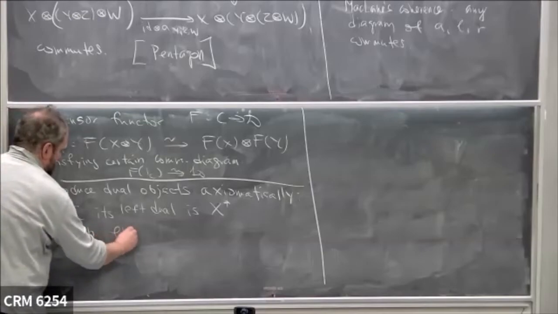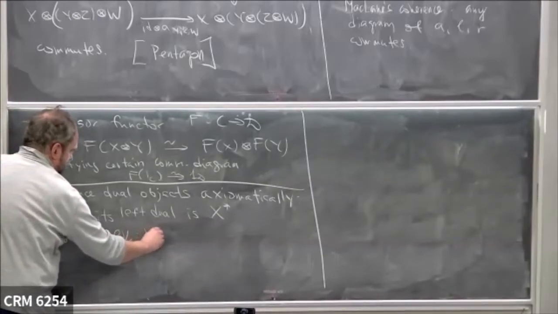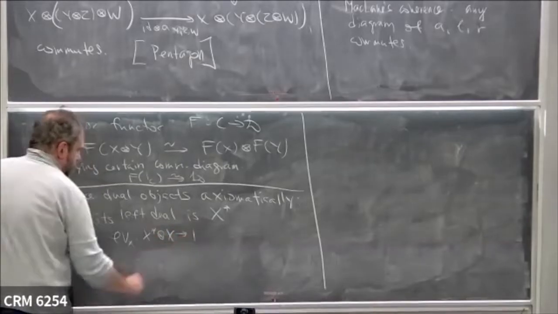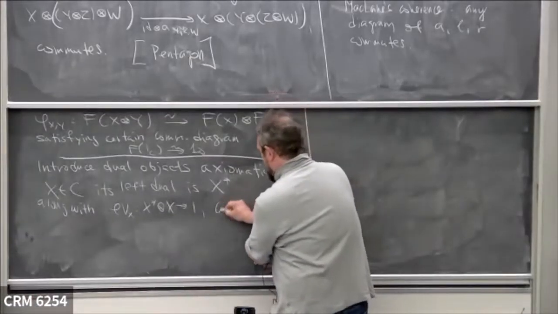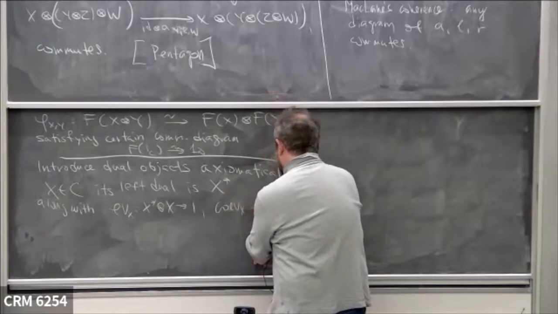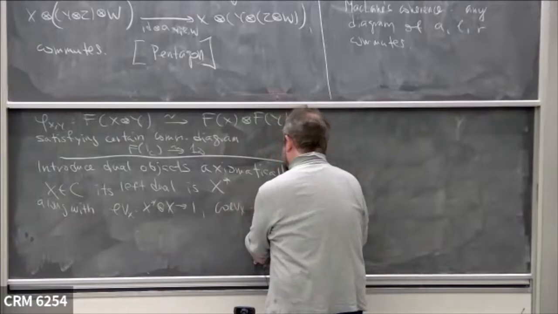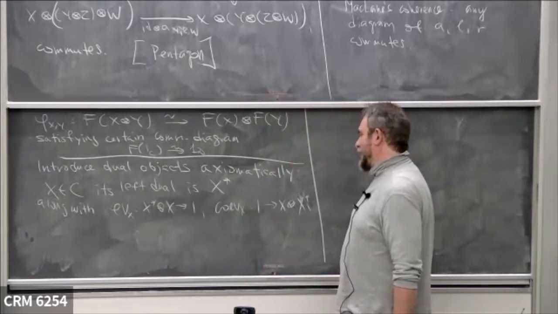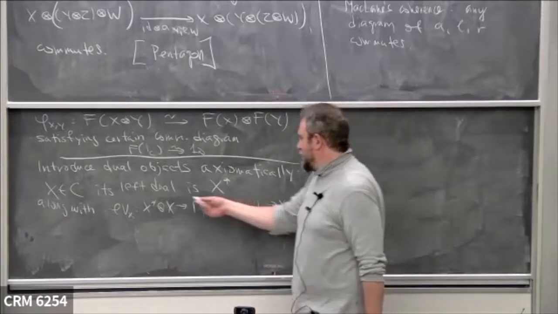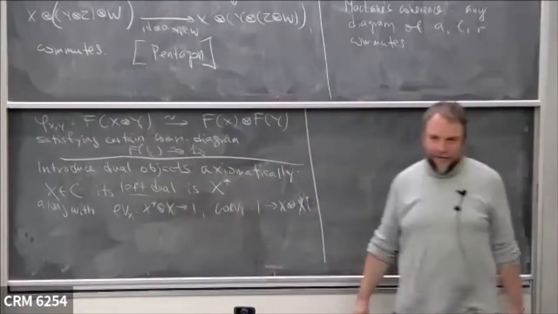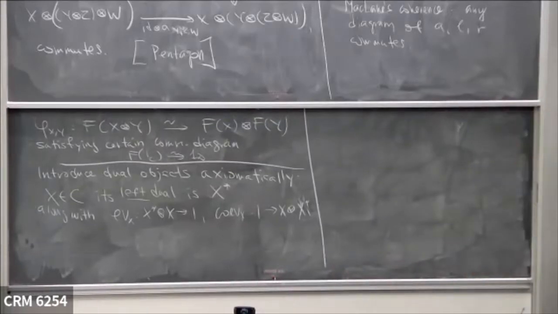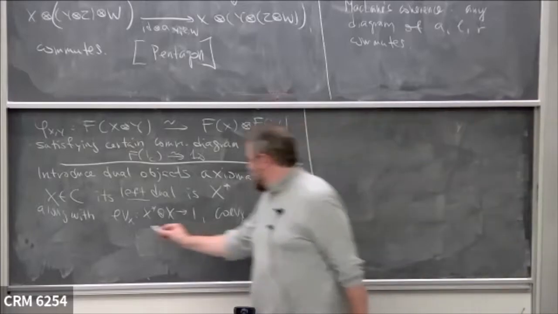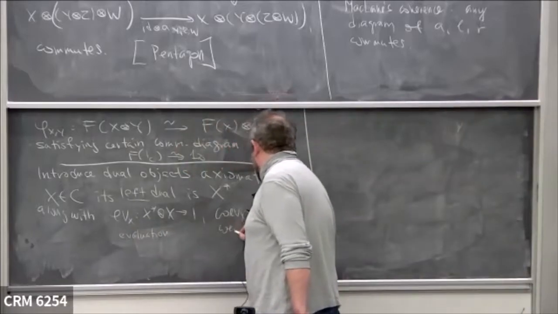So evaluation of X is from X star tensor X to 1, and co-evaluation is from 1 to X tensor X star. It's a bit confusing, but I think one can remember that for the left dual, the star is on the right. Anyways, this is called evaluation, and this is called co-evaluation.